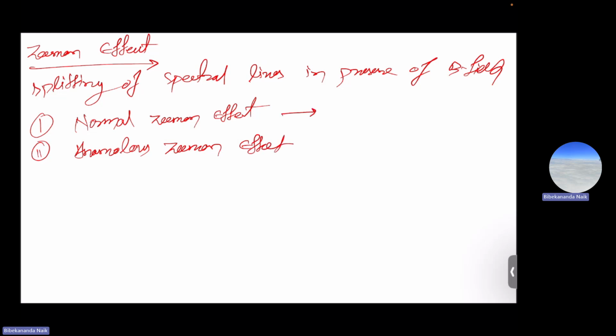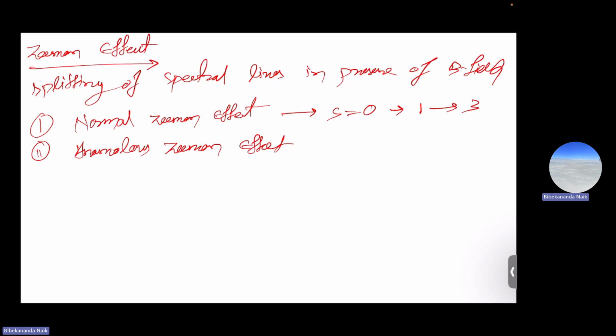Normal Zeeman effect is considered when spin is not considered, so spin equal to 0. A single spectral line splits into three equally spaced spectral lines depending upon the selection rule. Since we are not considering S, the only quantum number which plays a significant role is the orbital magnetic quantum number ml.